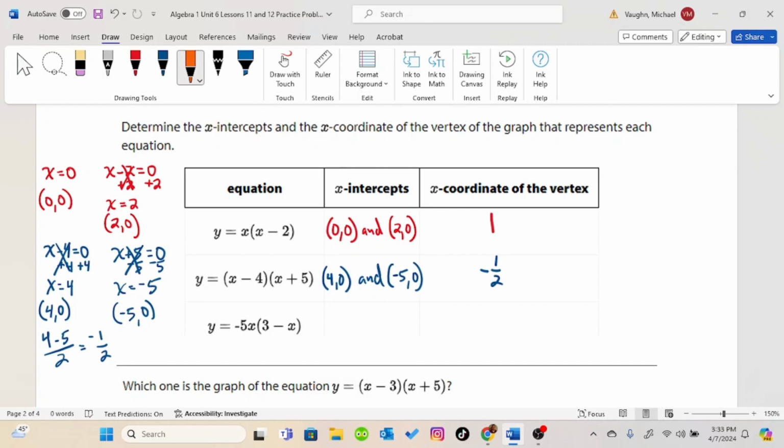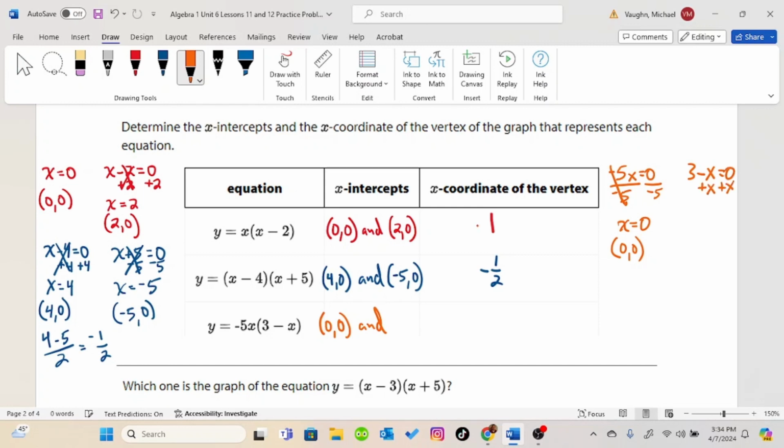And finally, we set negative 5x equal to 0. Divide both sides by negative 5 to eliminate it on the left. And x equals 0. So we have an intercept at the origin. Then we set 3 minus x equal to 0.